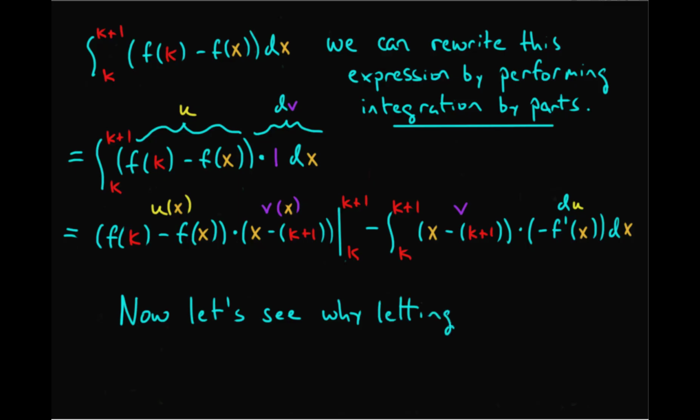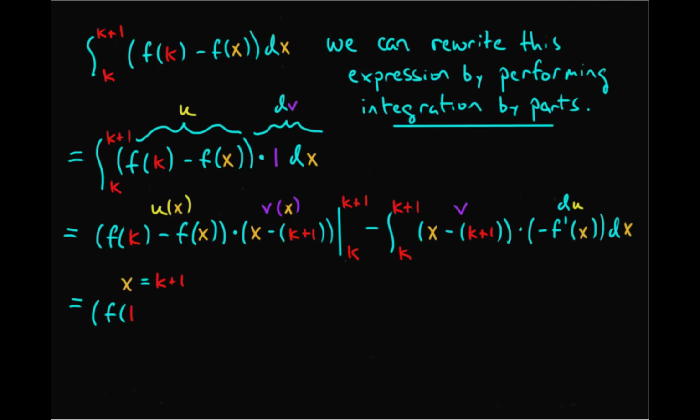And now let's see why setting our constant c to the value negative, open parenthesis, k plus 1, close parenthesis, why that's such a good idea. Well, when we evaluate the expression u of x times v of x at our endpoints k and k plus 1, we get the expression f of k minus, now substituting in k plus 1 for x, f of k plus 1, close parenthesis, times the expression, again plugging in k plus 1 for x, k plus 1 minus the quantity k plus 1.